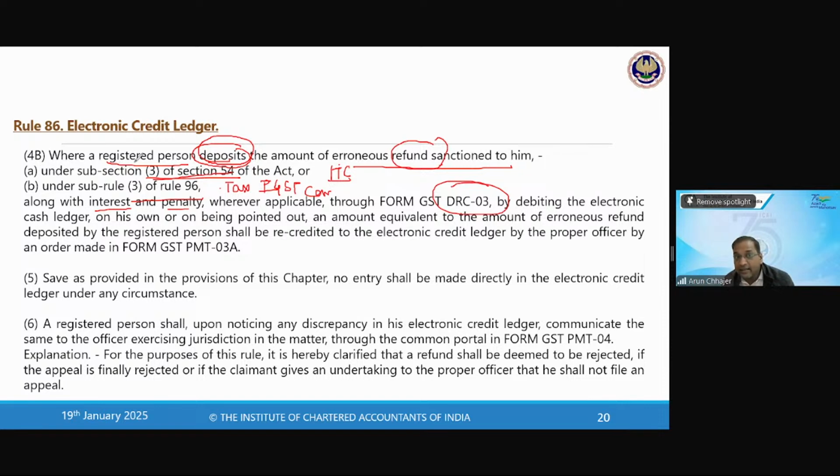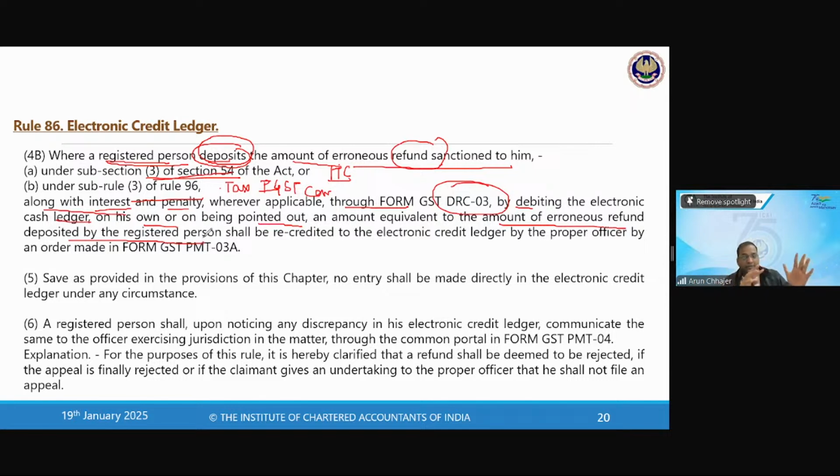Then it says a registered person deposits the amount along with interest and penalty through DRC-03, by debiting the cash ledger, an amount equivalent to the amount of erroneous refund deposited by the registered person.